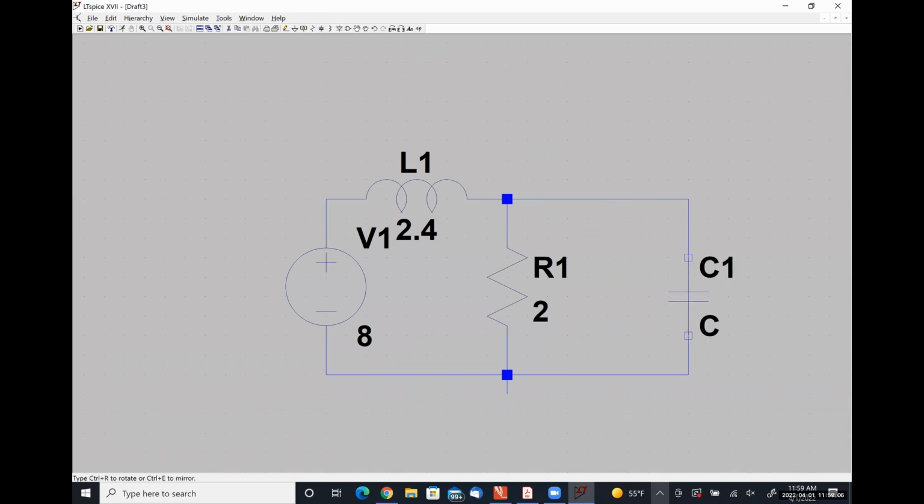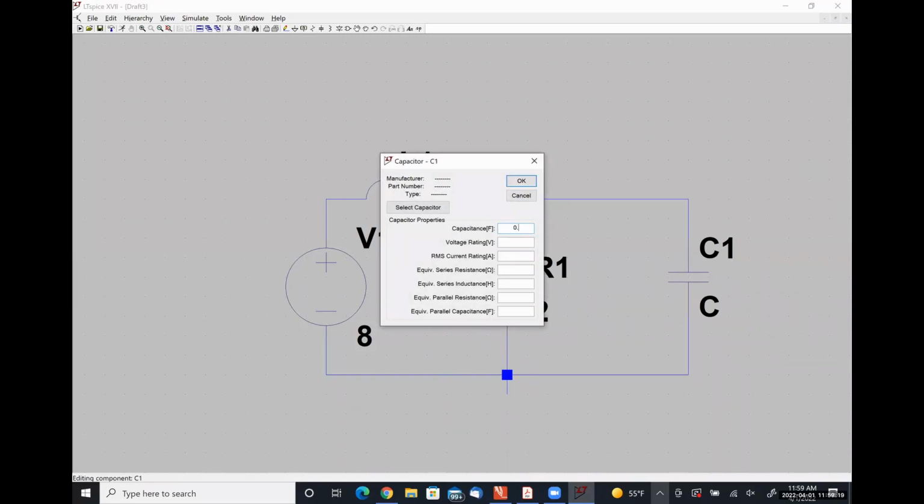My capacitor goes here, and it was 1/12. 1/12 is 0.08, and then a lot of threes.